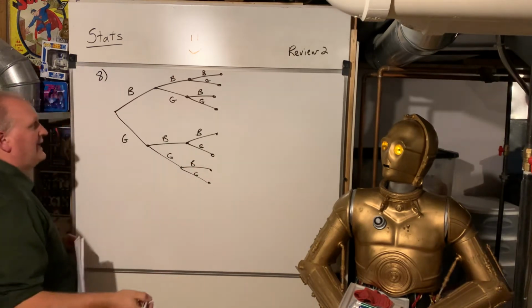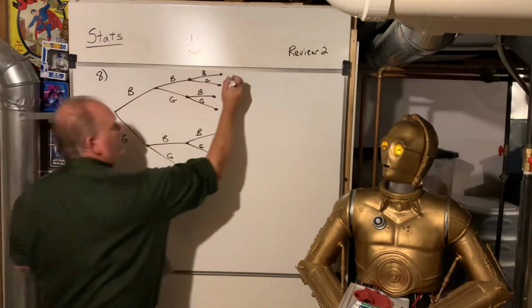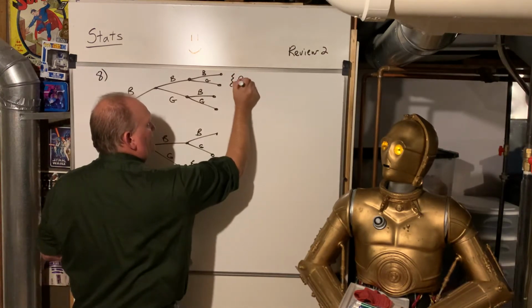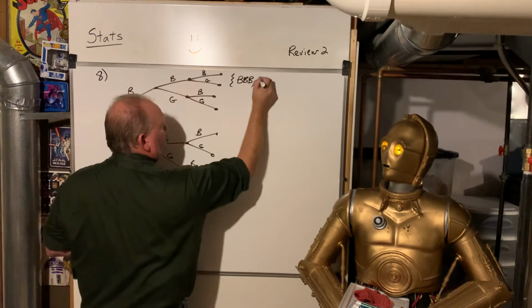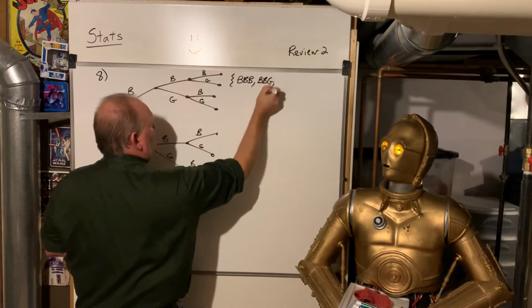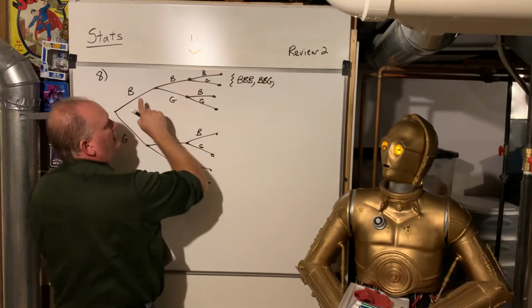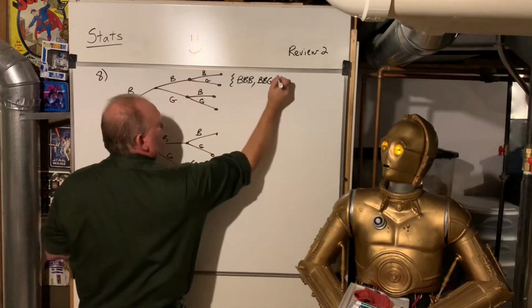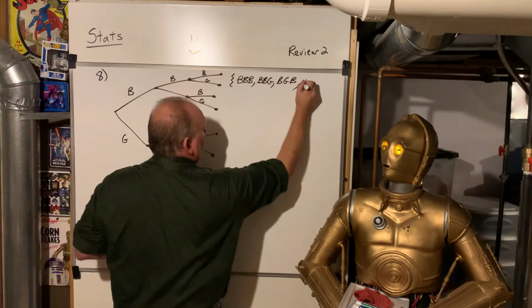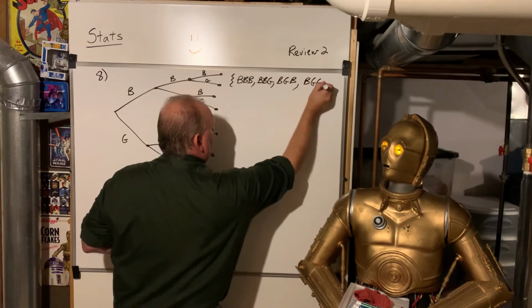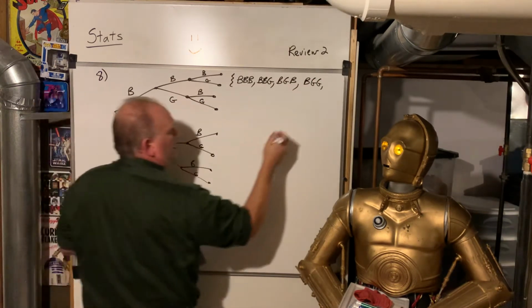So now let's follow these branches. Boy, boy, boy. That is a possible outcome. All 3 boys. Boy, boy, girl. Boy, girl, boy. Boy, girl, girl. Girl, boy, boy.